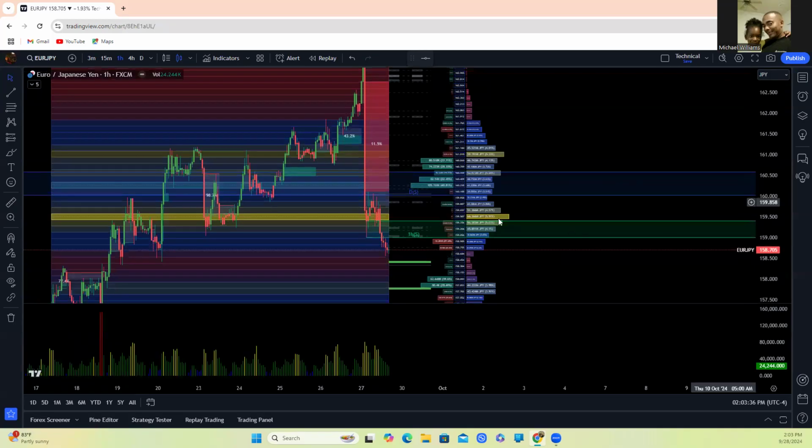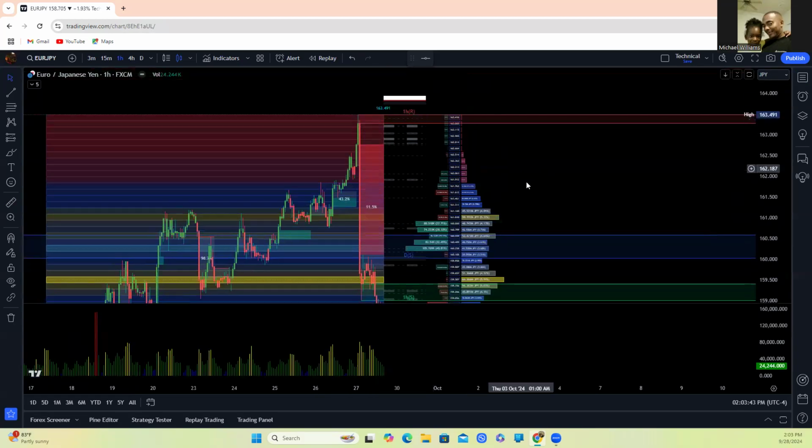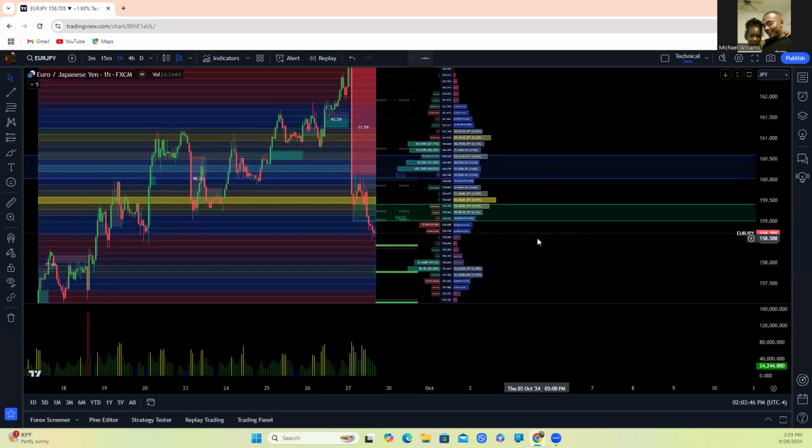See, we got that 1 hour support right there, and our 1 hour resistance area is right there. So it's going to be a while before we get that, but we see where our key areas are.